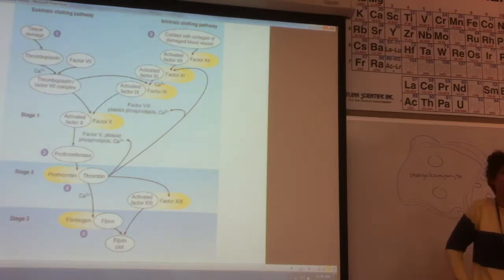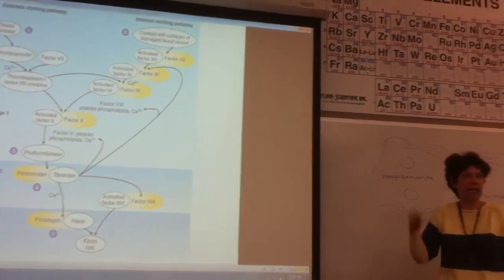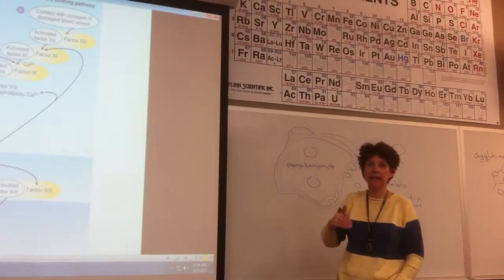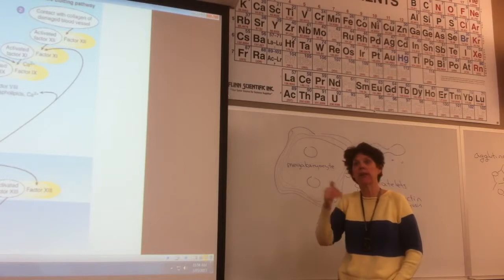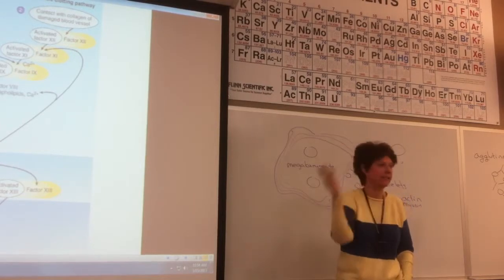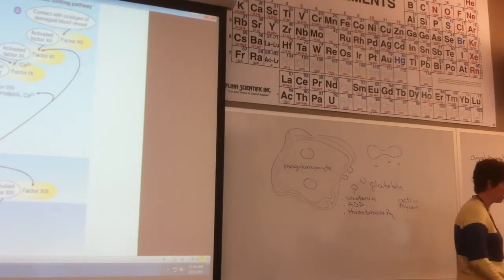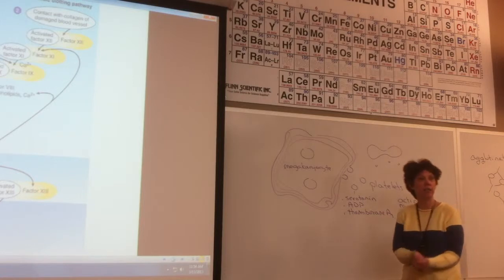To compound the problem, both with this and with complement activation, these are numbered, and complement is given letters, not in the sequence of order in which they're activated, but in the sequence in which they were identified. So the numerical order is not significant to the order of function. So I'll show you what I want you to know.